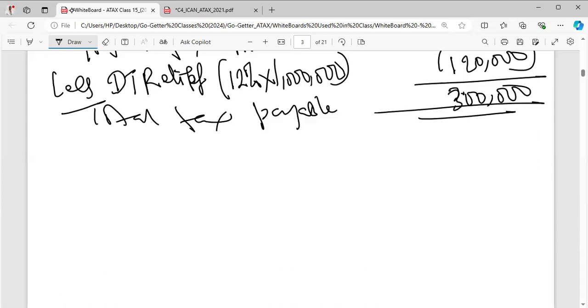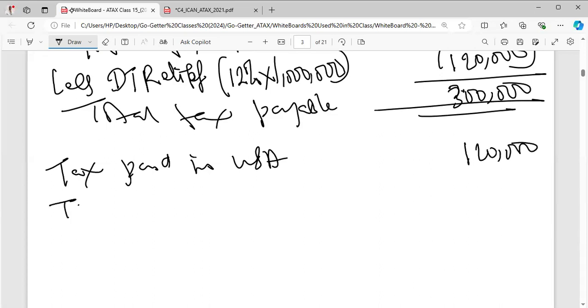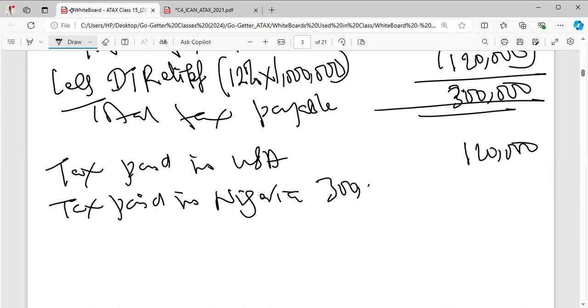Now, how is it so? Tax paid in USA is 120. Tax paid in Nigeria is going to be 300 minus 120 that was paid in US.